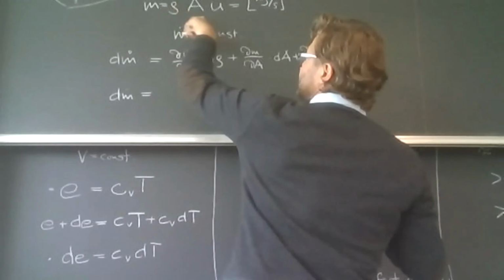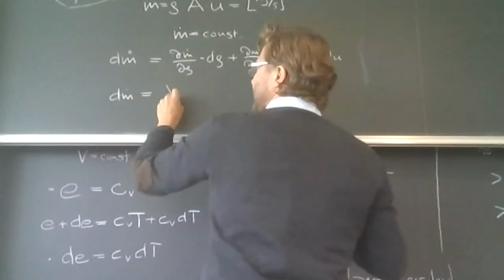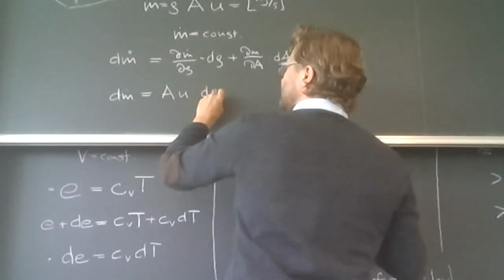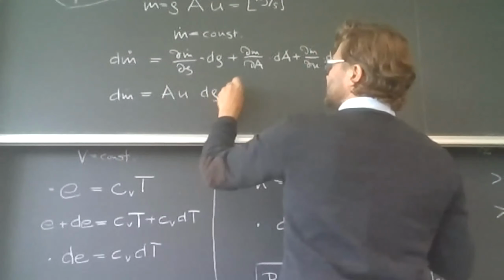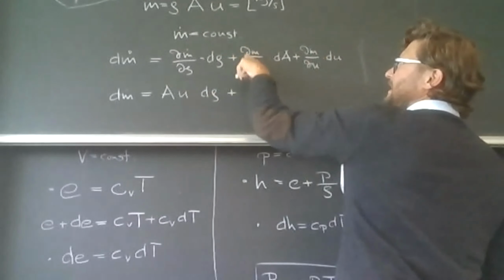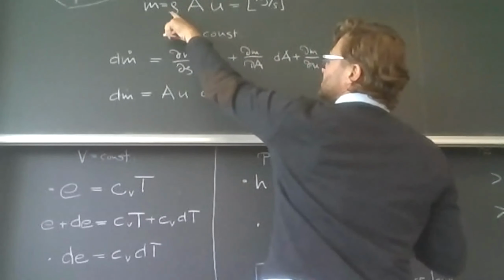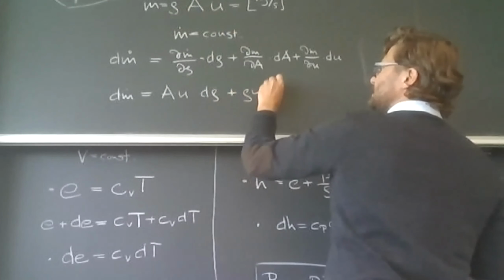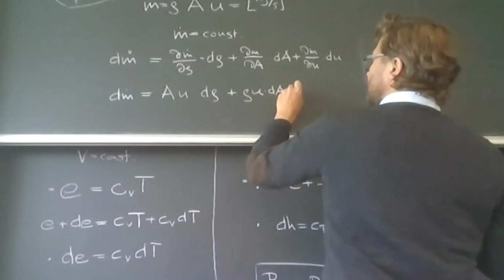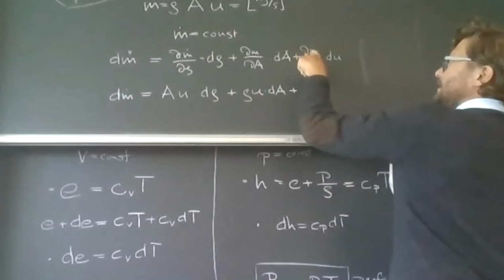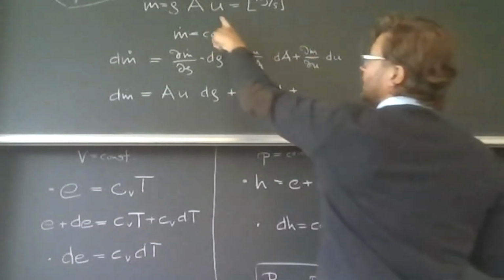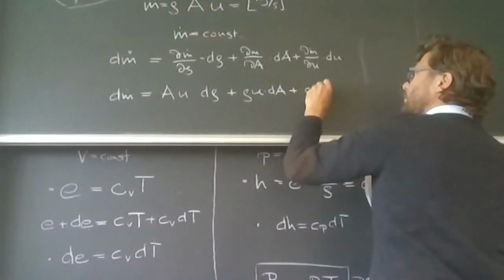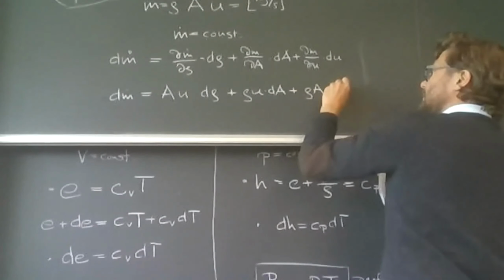So d rho of this expression is just A times U times d rho, plus dm dot dA is just rho times U times dA, plus dm dot du is just rho A times du.